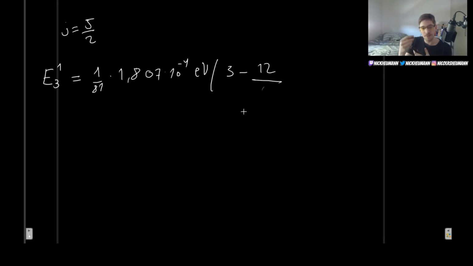Instead of j plus 1/2, we have 5/2 plus 1/2. So that's 6/2, which is 3. So this is going to be 3 minus 4, which is minus 1. So now we get 1.807 exponent minus 4 divided by 81 times minus 1. So that's going to be minus 2.231 times 10 to the minus 6 eV.